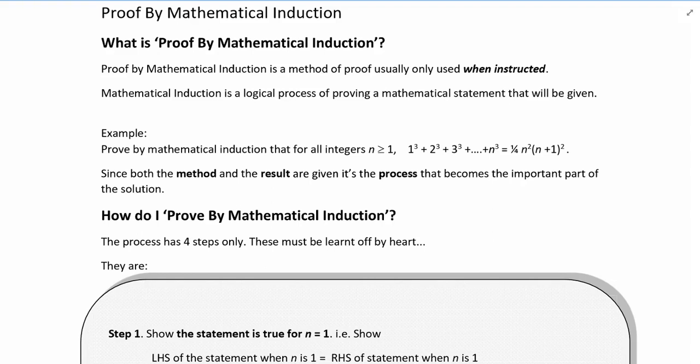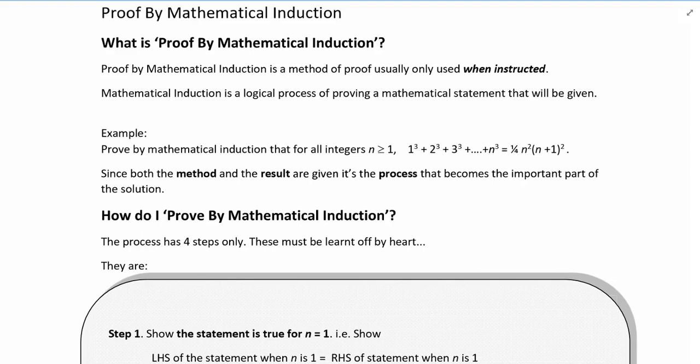So k can be any number, and you could probably reason for yourself that if you could show that some statement was true for 10 terms, 10 items, and prove that it was then equal for the 11th item, you would start to wonder, well, what if I started with the 11th item? Would it be true for the 12th item? And in most of these cases, yes, it will be, but we wouldn't be asked to prove. But the process of mathematical induction is using that very concept.